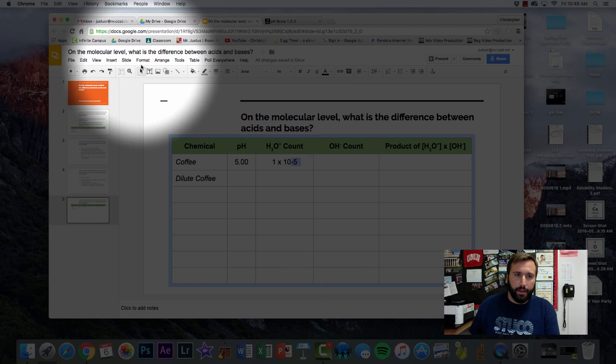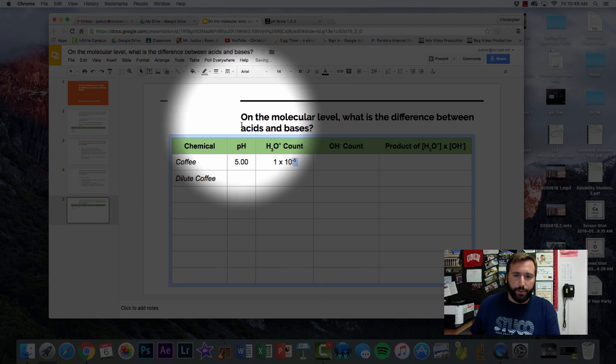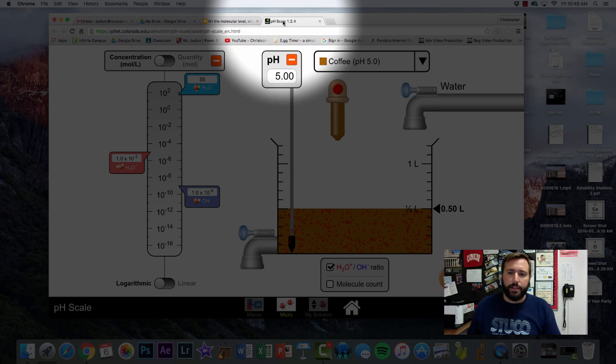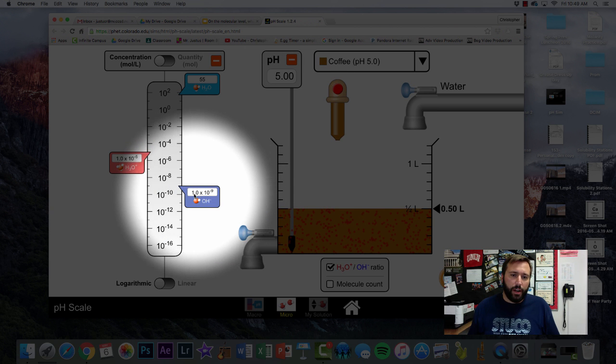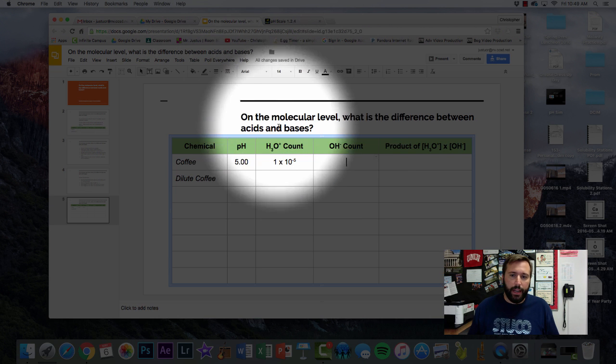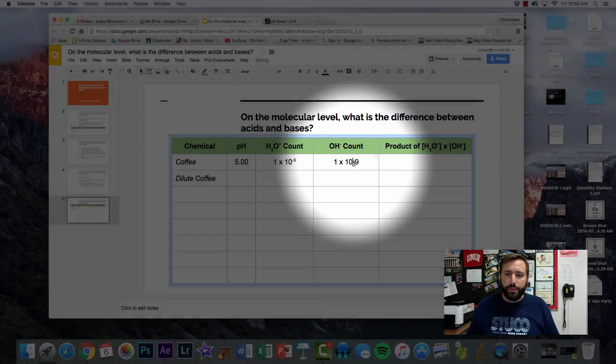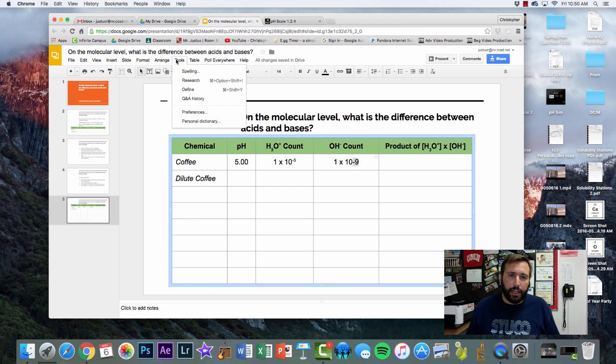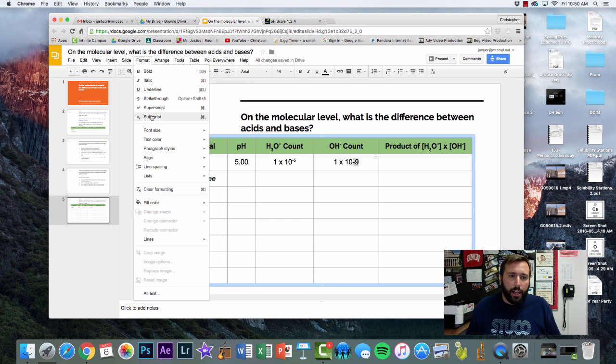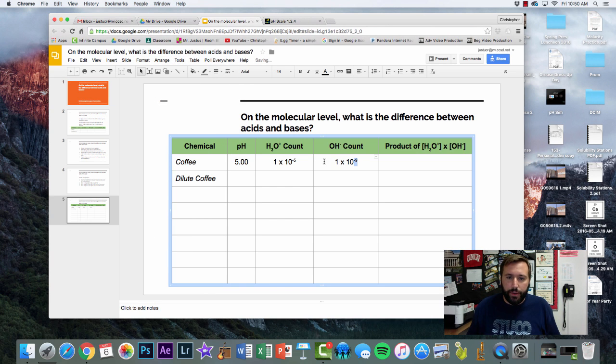Let's go ahead and superscript that. What is the concentration of OH minus, of hydroxide? It's 1 times 10 to the negative 9. So I'm going to write down 1 times 10 to the negative 9. Use the procedure that I showed you in class to multiply these two numbers together to write down the product.